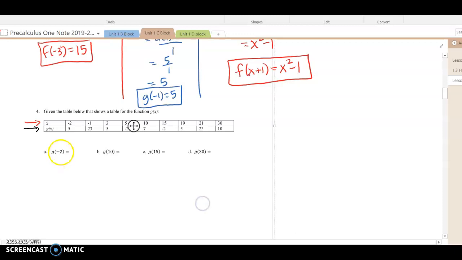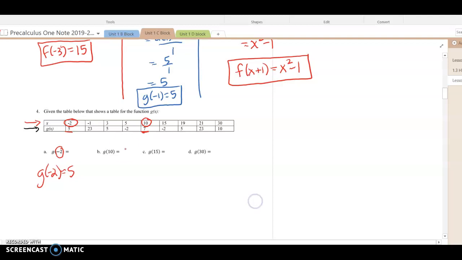So this first question is asking to find the y value when g of negative 2. So we go to negative 2 on the x value, and then we record the corresponding y value. So g of negative 2 is 5, because that's the g of x value when x is negative 2. Now we're doing g of 10. So here's where x is 10, so the corresponding g of x value is 7.